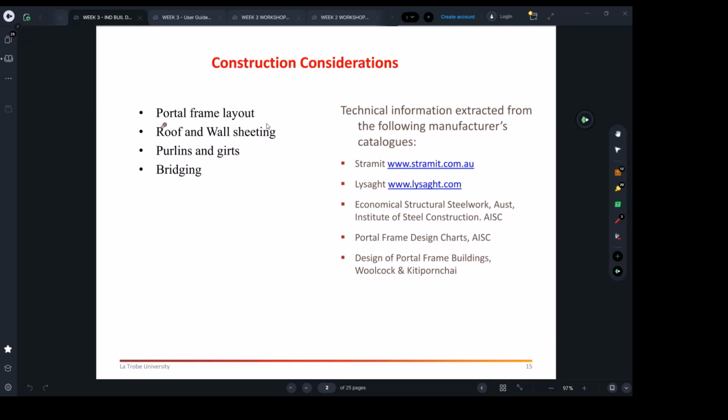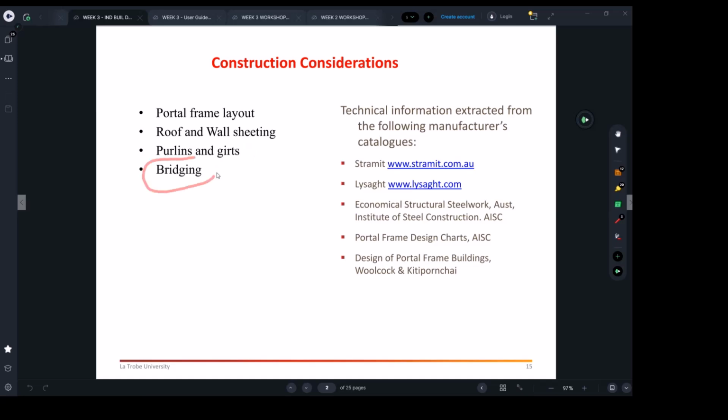Do they really want the sunlight to come in or not, etc. We will talk about roof and wall sheeting, which is the cover, and sheeting is basically supported by the girts and purlins. So sheeting is just the finish that people see from outside. Who carries the sheeting? Purlins for the roof carry the sheeting, and the girts for the walls carry the sheeting.